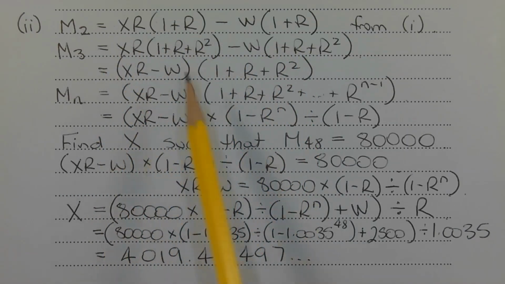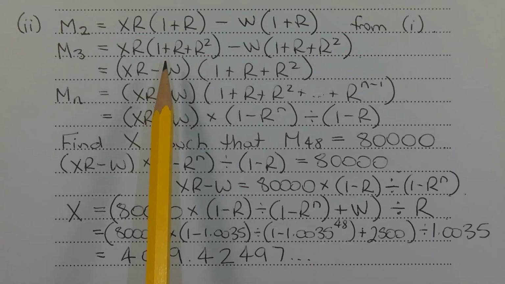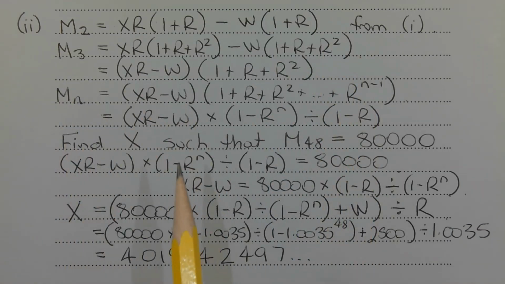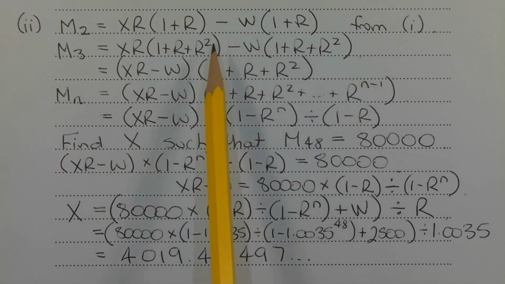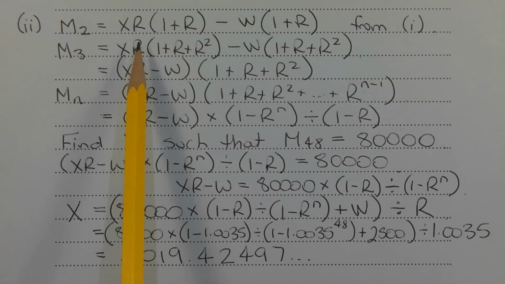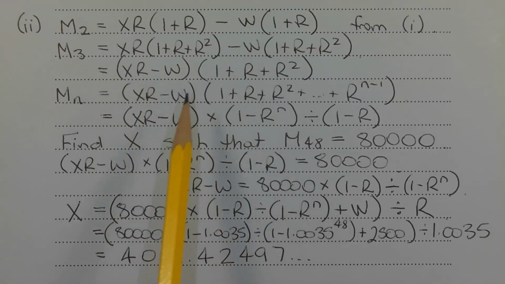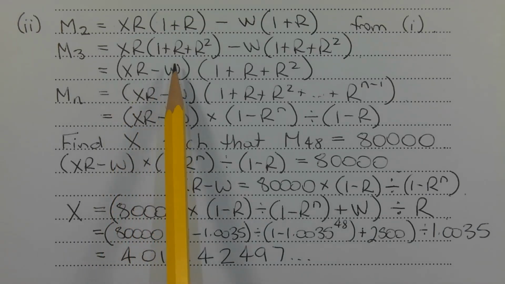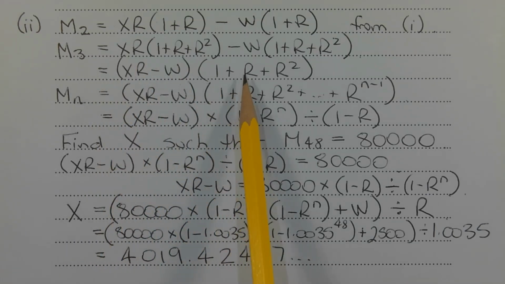So in this term here and this term here, the common factor is (1 + R)^2. So factorizing M3, we get (1 + R)^2 as the common factor, and that leaves behind XR minus W, which I've grouped together here.